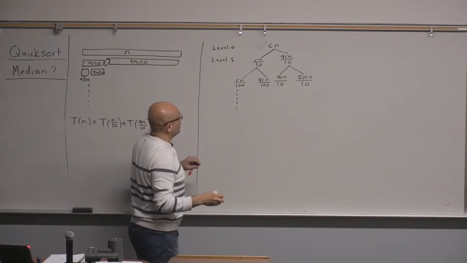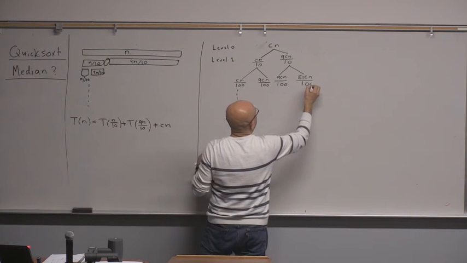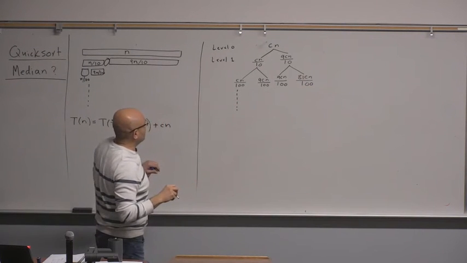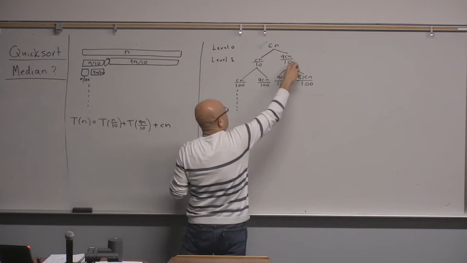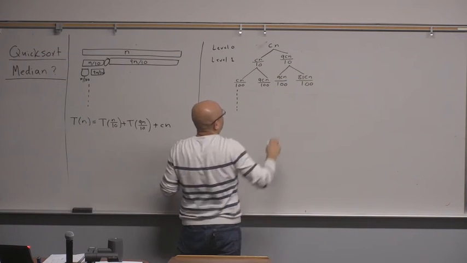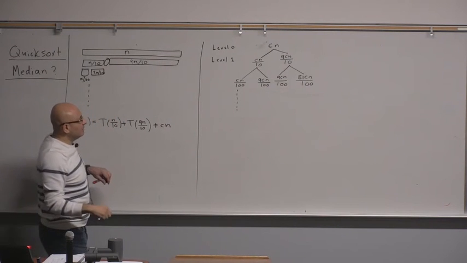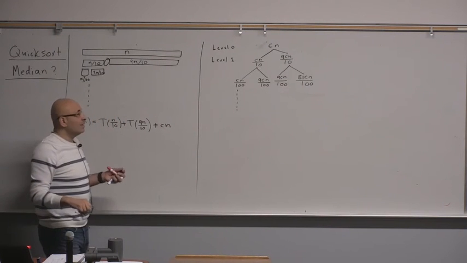Shouldn't it be over 100? Yeah, it's 100, you are right. First, you divide this by 10, and this is divided by 10 and you multiply by 9. So it's over 100, and in the next level, it's going to be over 1,000.